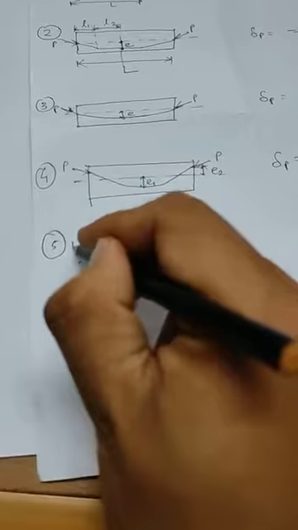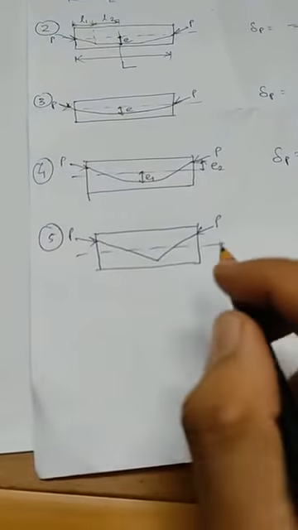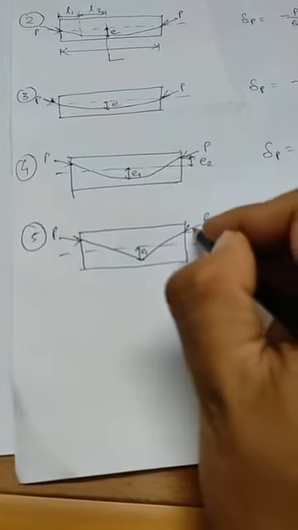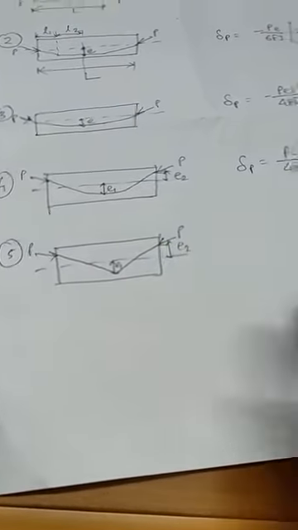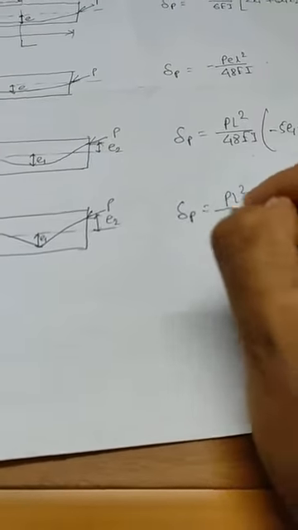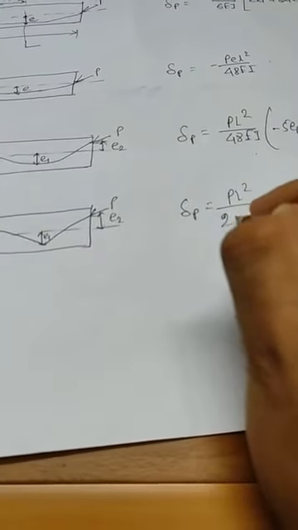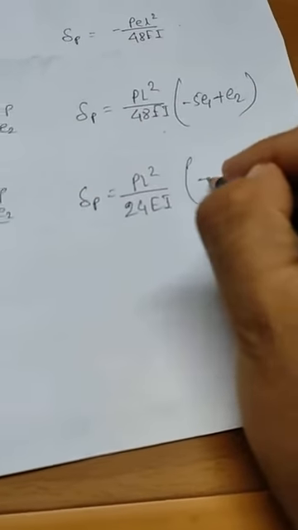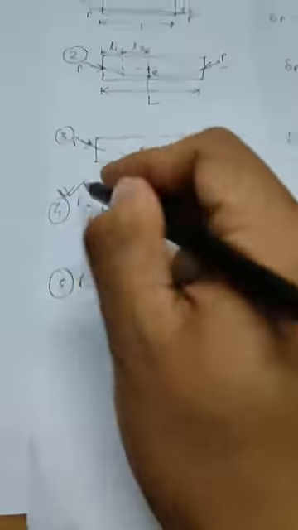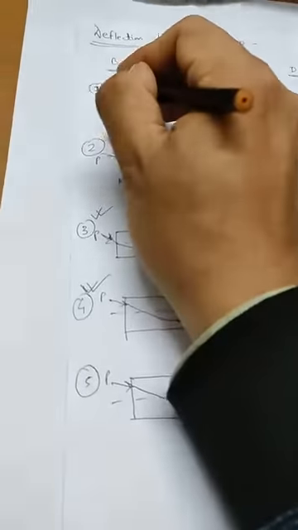Okay, so this is the prestressing force and the eccentricity here is E1 and the eccentricity here is E2. Then the deflection value would be PL square by 24 EI into minus 2 E1 plus E2. Okay, this one is very much important for your syllabus.